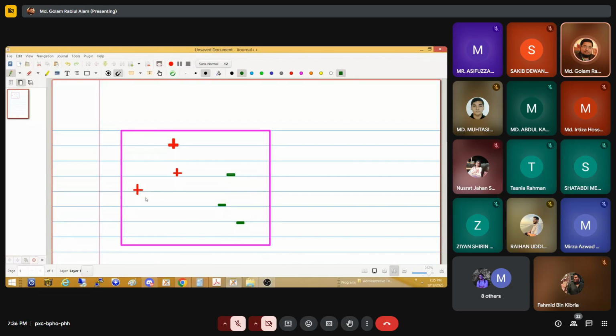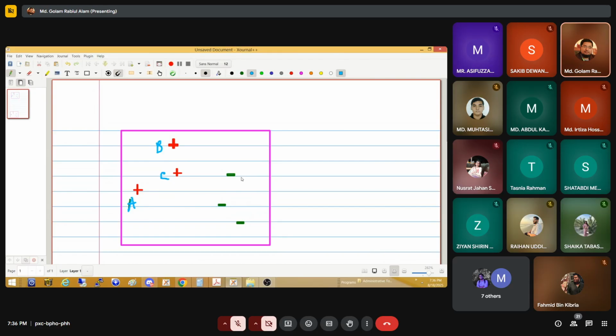In this data set, we have the data points. Let's say this is the data point A, this is B, and this is C. So three data points, and those are positives.